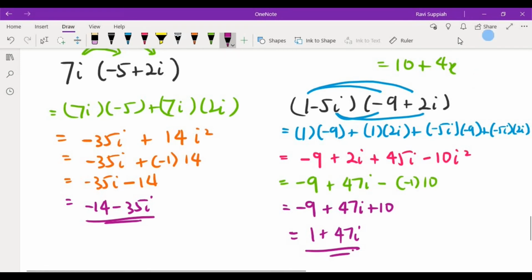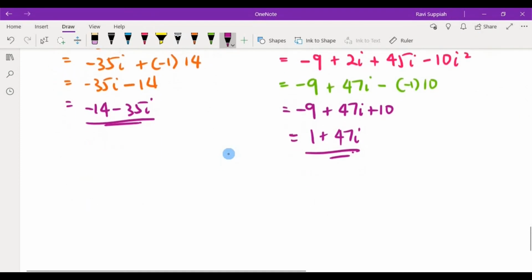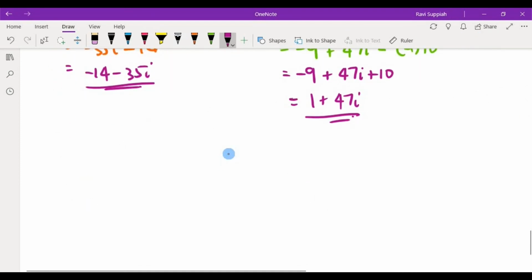Now let's go on to another question. 4 plus i multiplied into 2 plus 3i. Let's do the expansion. 4 into 2. So now I'm not going to write all the brackets.